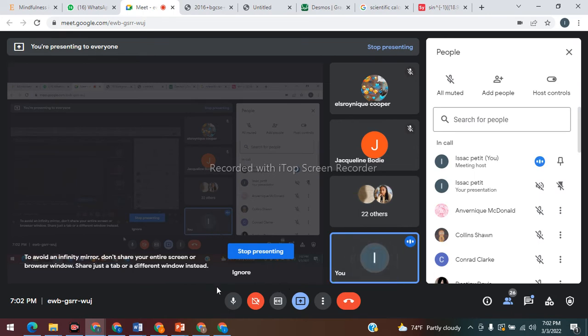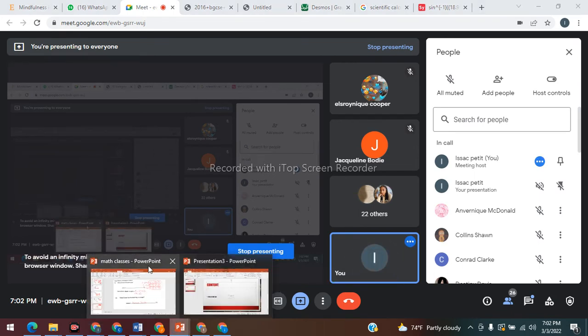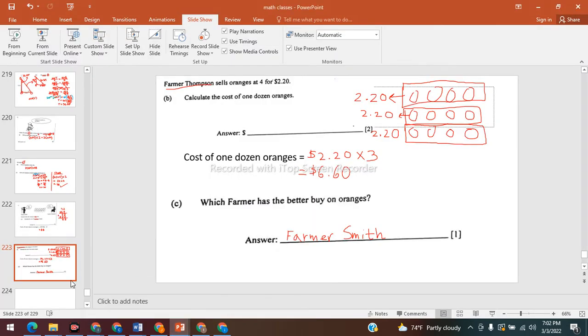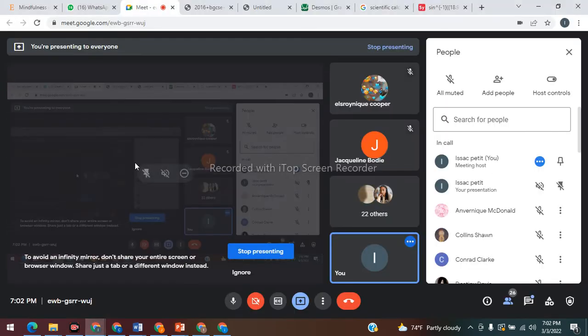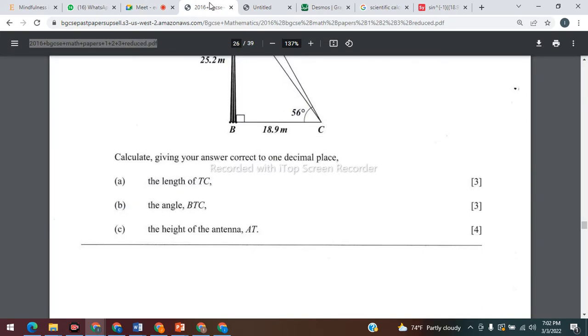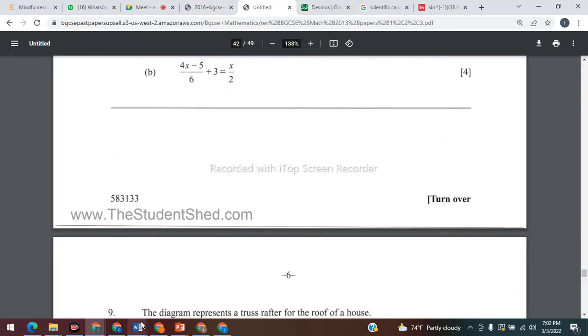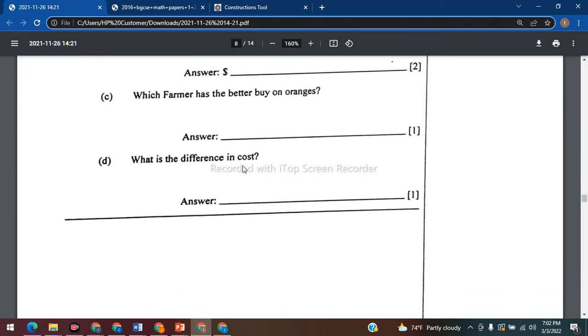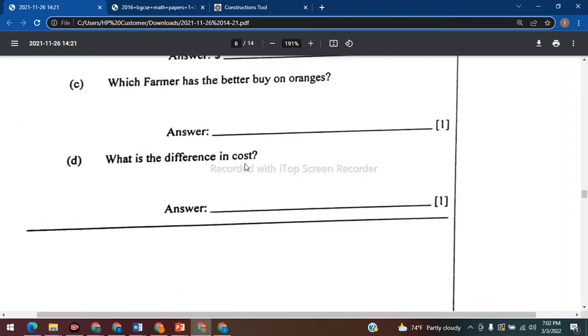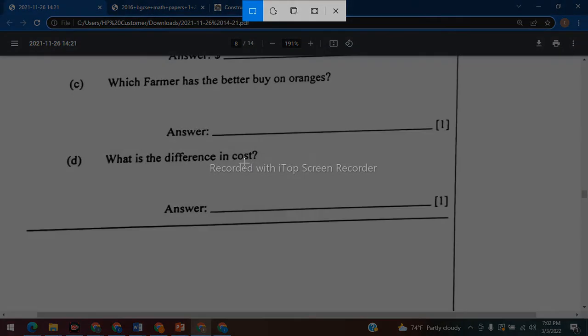Okay, so moving right along. The next question is: what is the difference in cost? What is the difference in cost for 60 cents? Good.